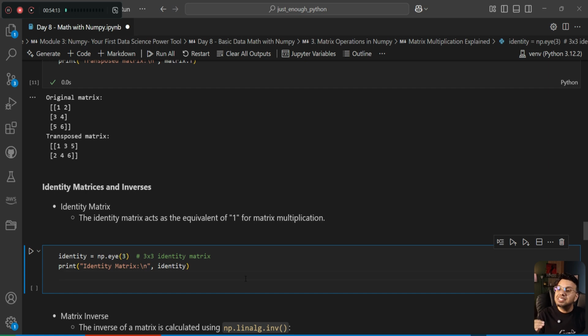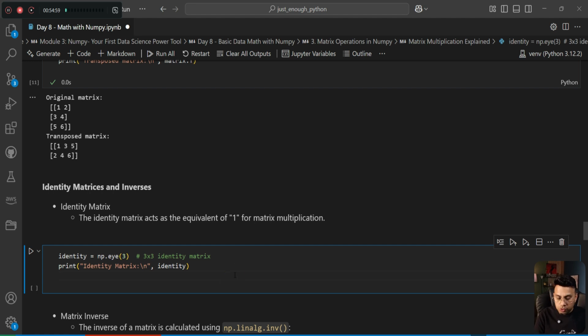You receive the same element. So if you are applying, say, 10 into 1, you receive 10. If you are applying 5 into 1, you get 5. Same way, if you multiply a matrix with the identity matrix, you get the same matrix. What's the use? We will see. Even though it looks like it is of no use, it does have use.